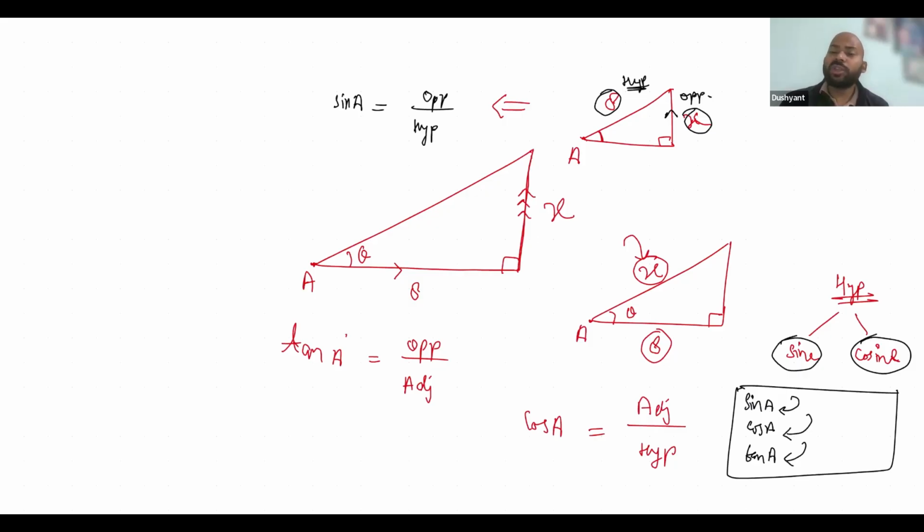The rest three, you can use the other three also, but I would not suggest it, because they are nothing but the reciprocals. The reciprocal of sine A becomes cosec A, the reciprocal of cos becomes sec A, and the reciprocal of tan becomes cot A. So I'll just learn these three ratios, and I'll solve my questions by these three ratios only.